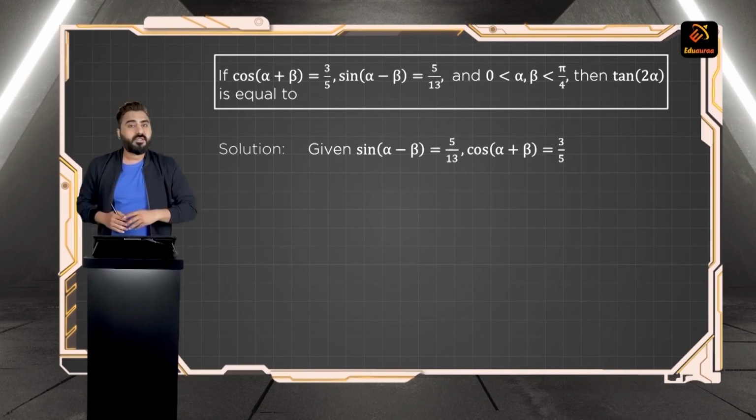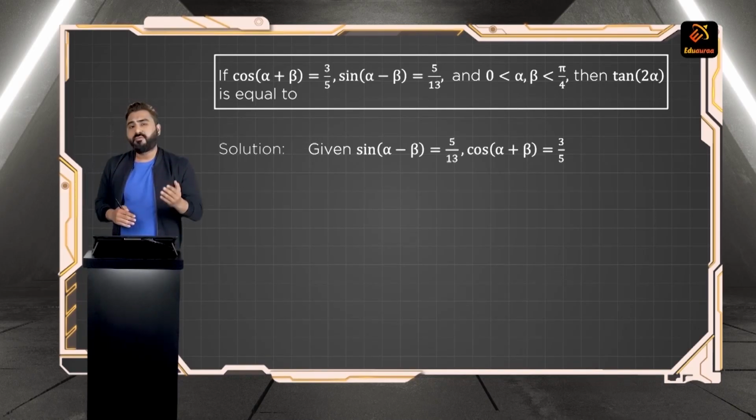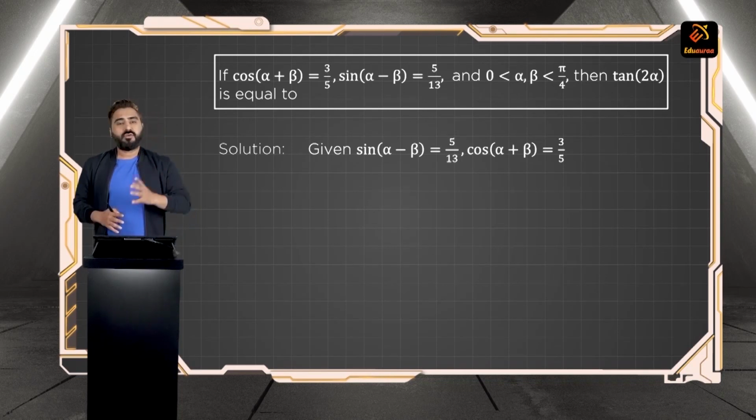But how to find this tan 2 alpha? So students, if we want to find tan, we have to make use of the relation. We are given sin(alpha minus beta), so with the help of that, we will find cos(alpha minus beta) first. Come on students, you guys are masters with your Trigo formulas. So let's make use of identities.